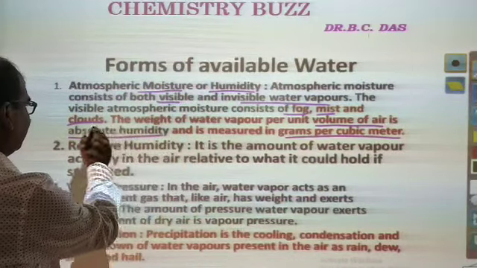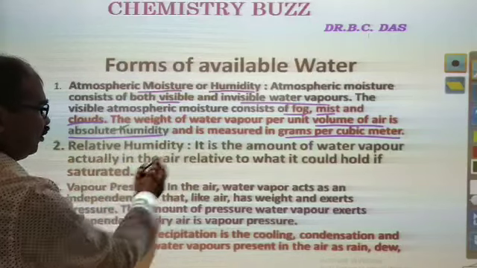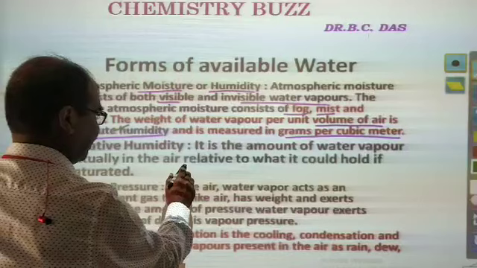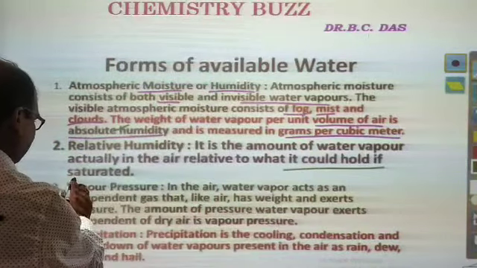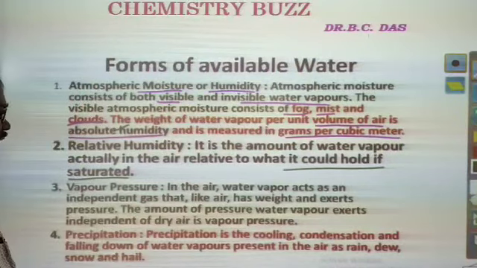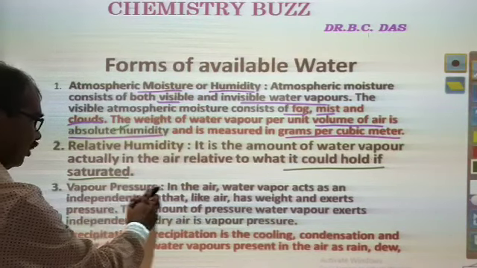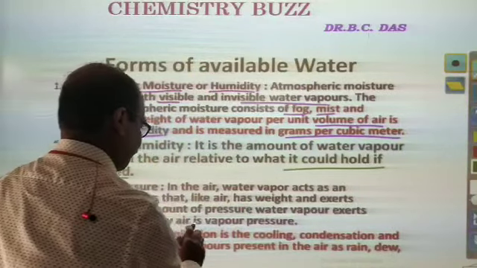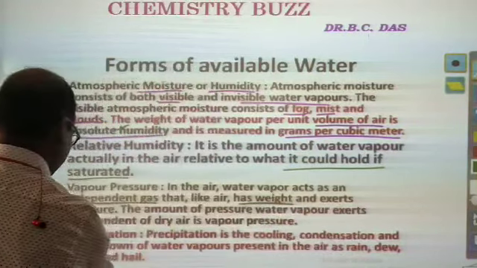Relative humidity is the amount of water vapor actually in the air relative to what it would hold if saturated. Then vapor pressure: in the air, water vapor acts as an independent gas, and like air, it has certain weight and exerts pressure.